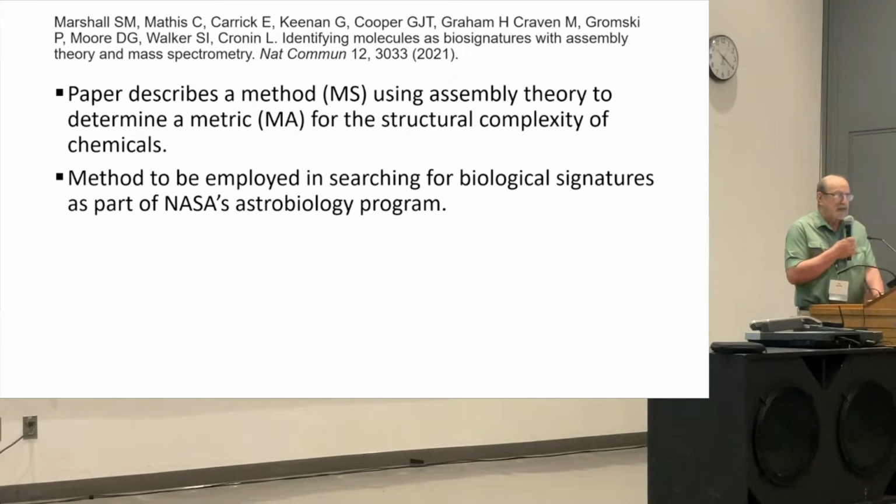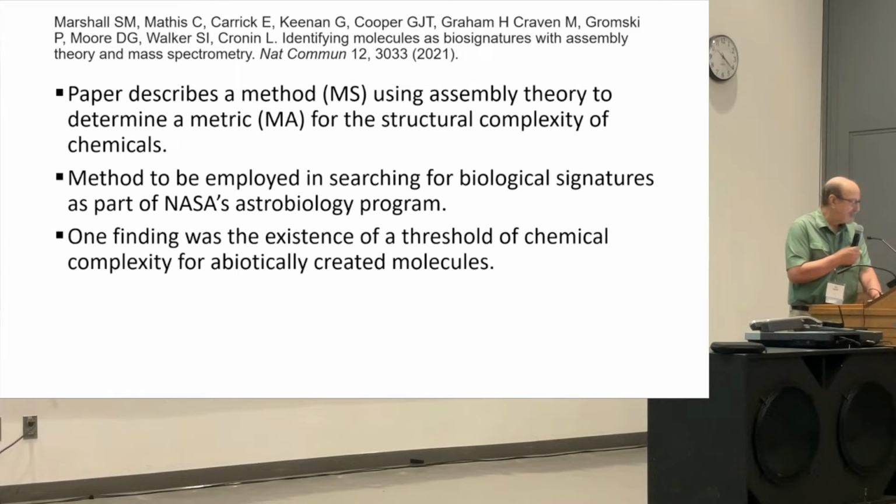And the reason they're developing this method is to use it in searching for biological signatures. And this is part of NASA's astrobiology program. How do we determine whether a body out in space may contain life? And of course, mass spec is something that can be put on a spaceship and used in that sense.